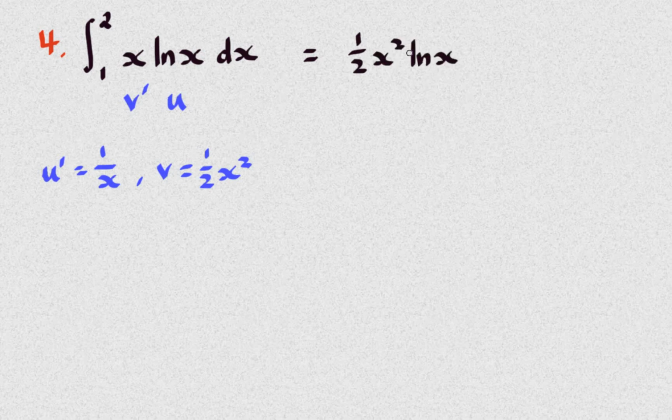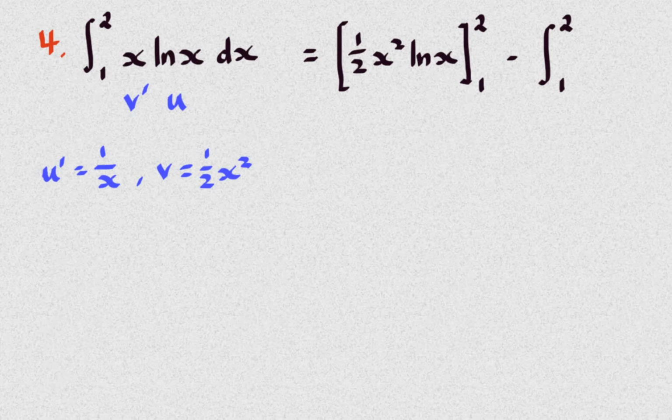And so this needs to be evaluated according to the fundamental theorem of calculus. So I might actually just put this in now so that we don't forget, but it can be done at the end as well. And then we need to take away the integral, and it's still within the same limits, the integral of vu dash.